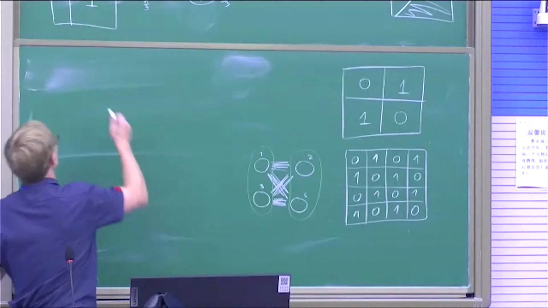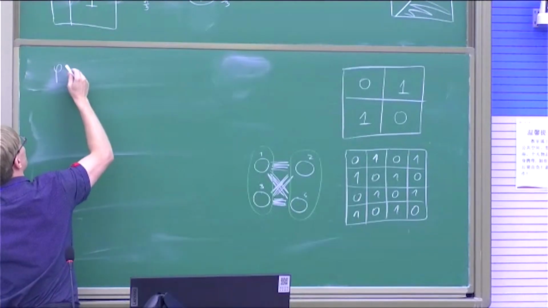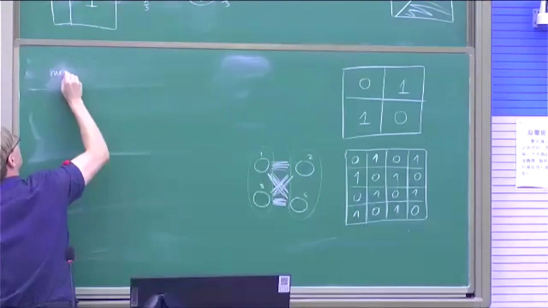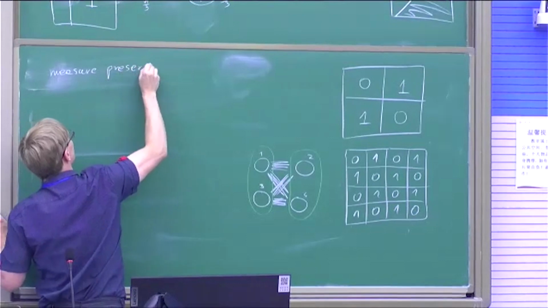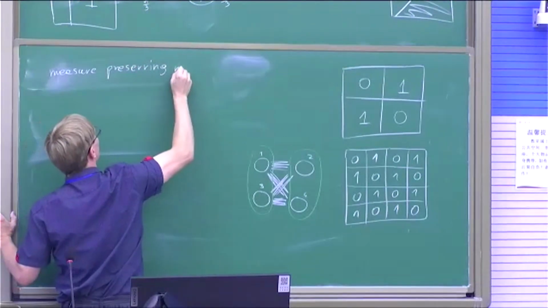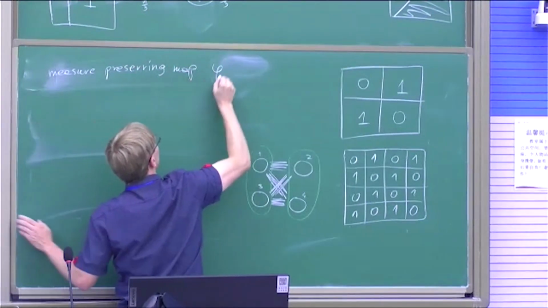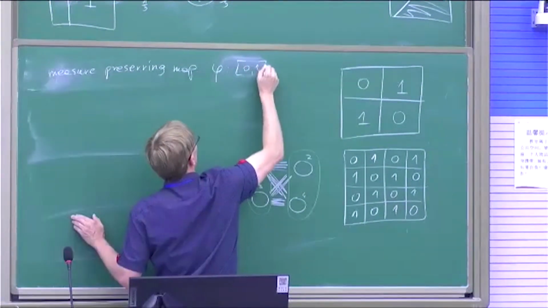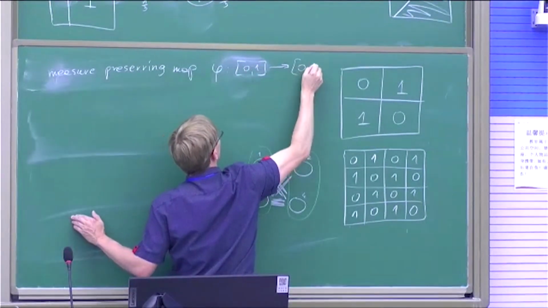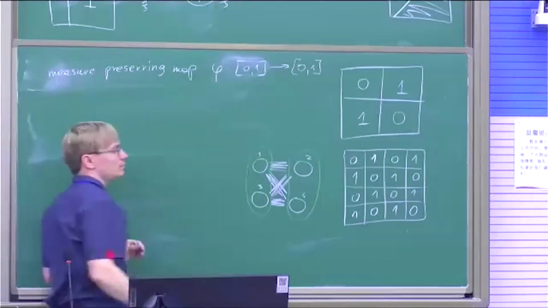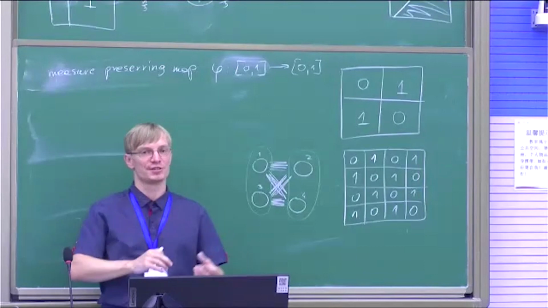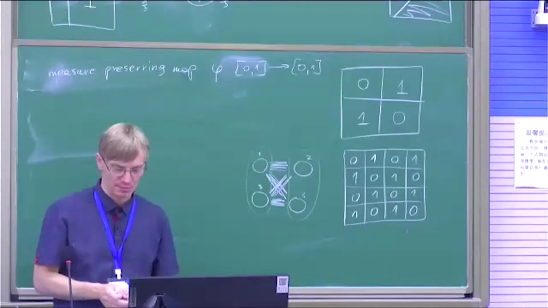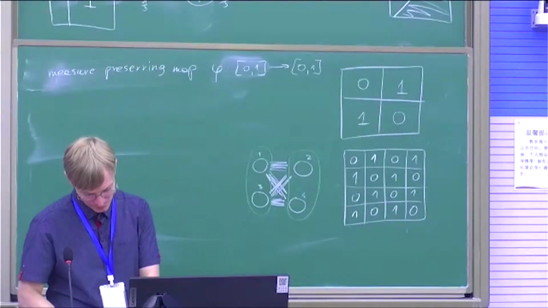So if I have any measure preserving map from [0,1] to [0,1]. By measure preserving, I mean that the measure of the pre-image is the same as the measure of the set.